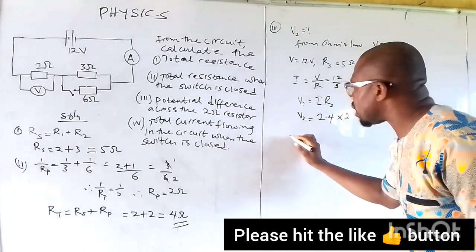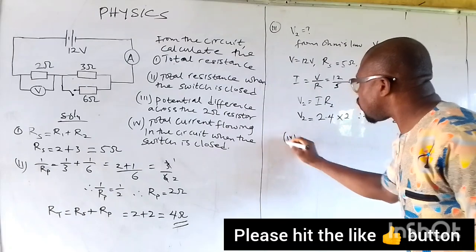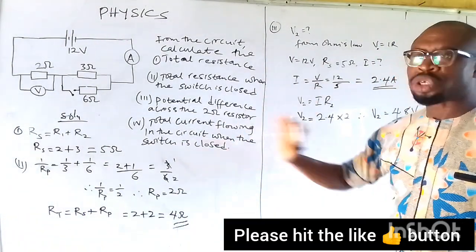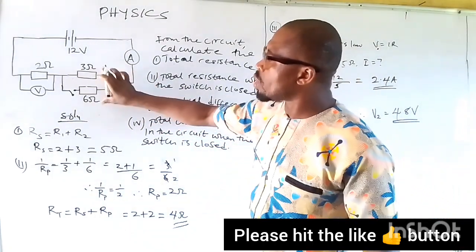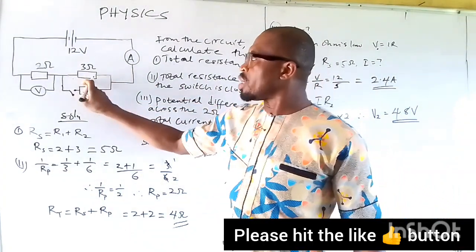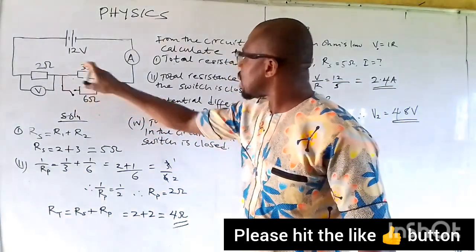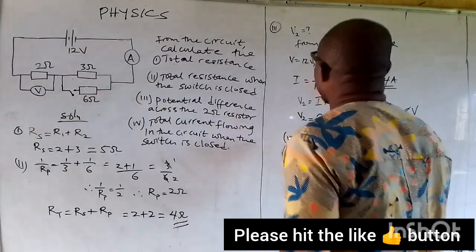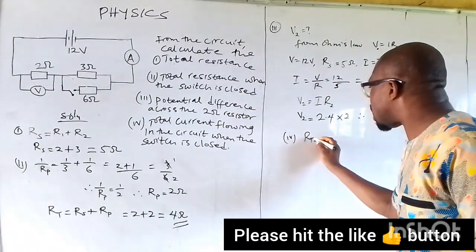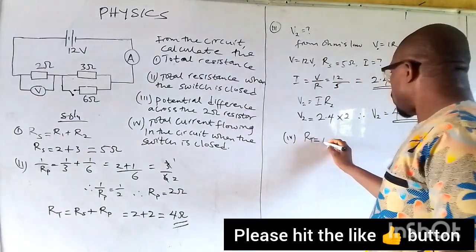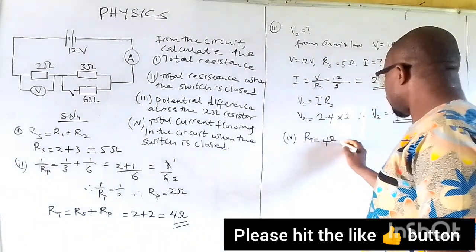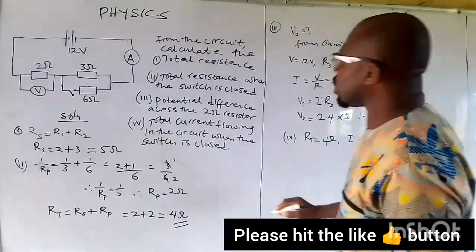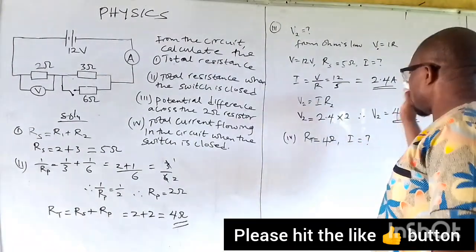And then finally, we have number 4: the total current flowing in the circuit when the switch is closed. If you now close this, the resistance we use is the entire resistance. We are using the total R now, so R is equal to 4 ohms. I is the current in the circuit, which is what we are looking for.